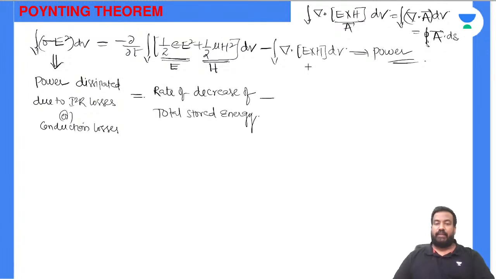So replacing this equation, the volume integral of minus del dot E cross H dV is equal to the volume integral of del dot A dV, which is the surface integral of A dot ds, that is del cross H dot ds.